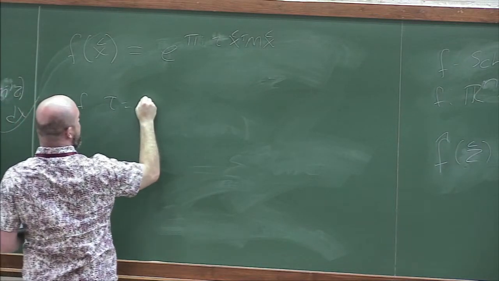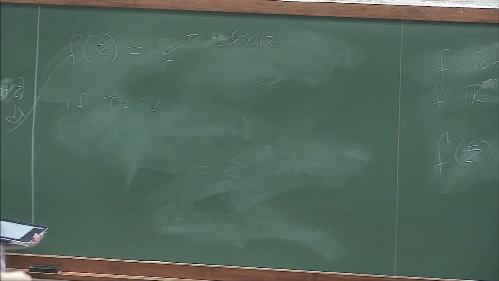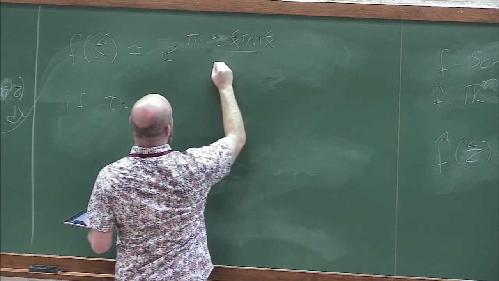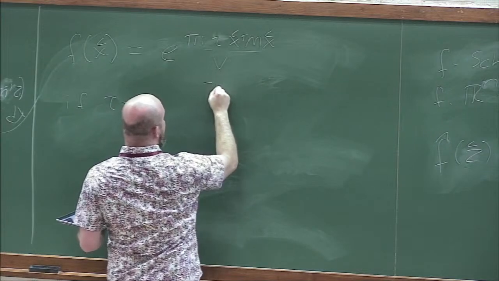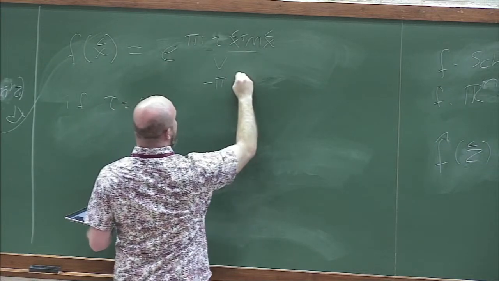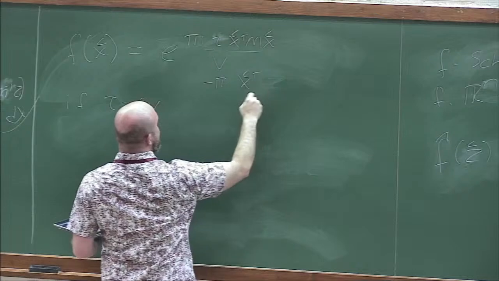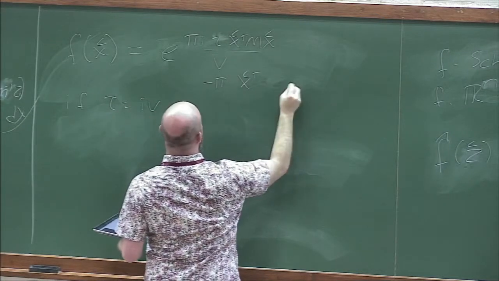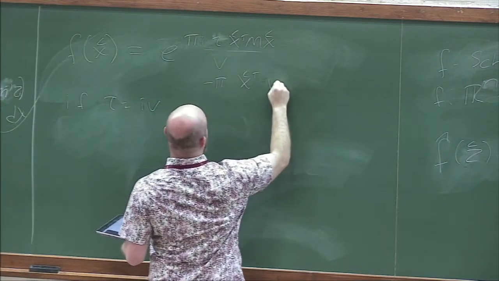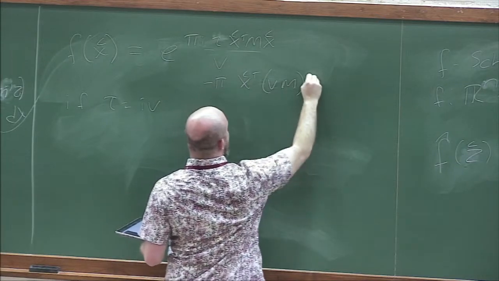Well, the idea here is, if tau is equal to i v, let's just assume that it's purely imaginary at the moment, then this part right here is going to turn into my minus pi. I can look at my x vector transpose, and then let's just look at the v times the m part.